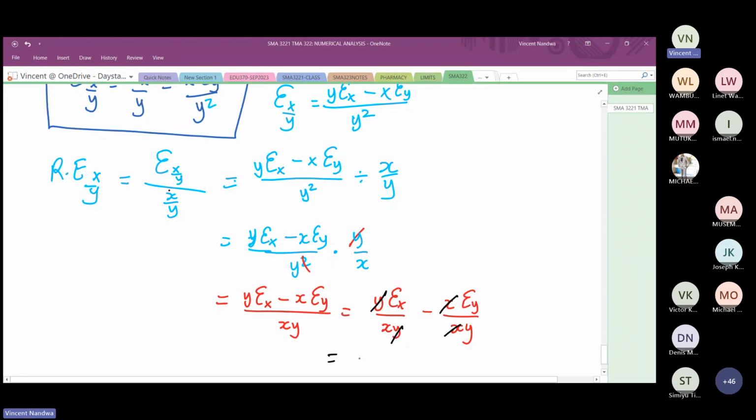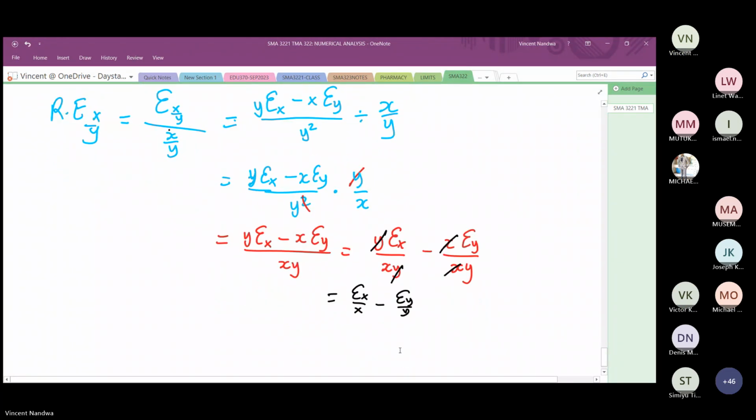So you have error in x over x minus error in y over y. So we can also say that the relative error in the quotient of x and y is the same as the relative error in x minus the relative error in y.